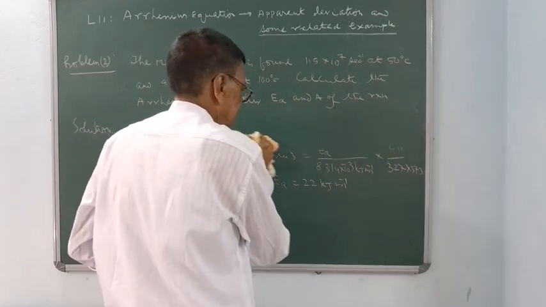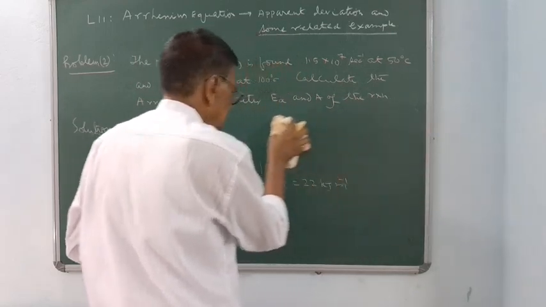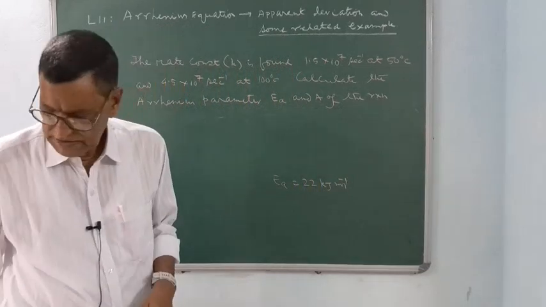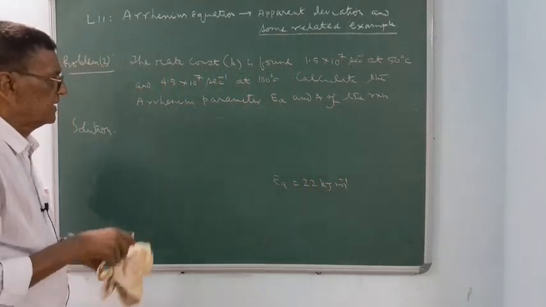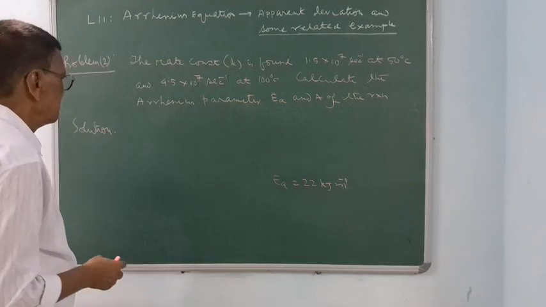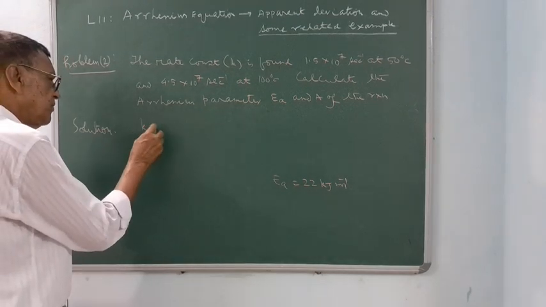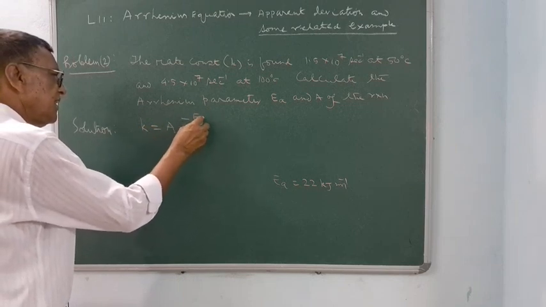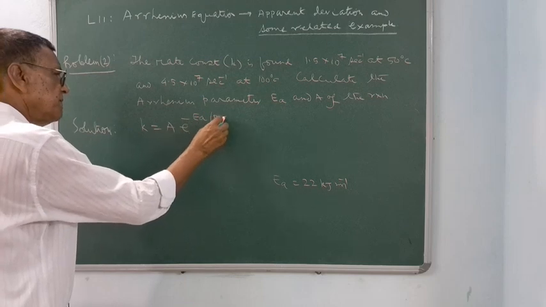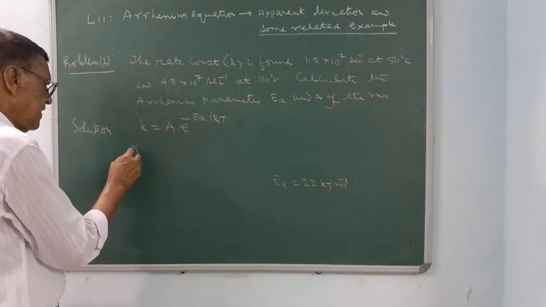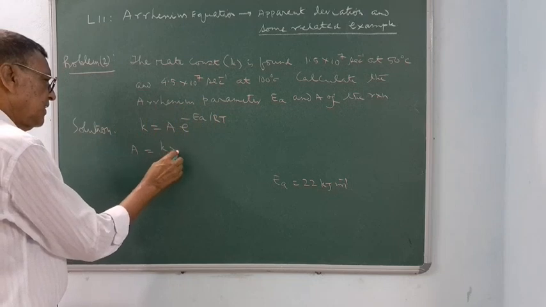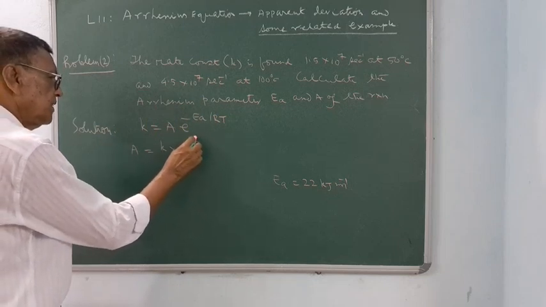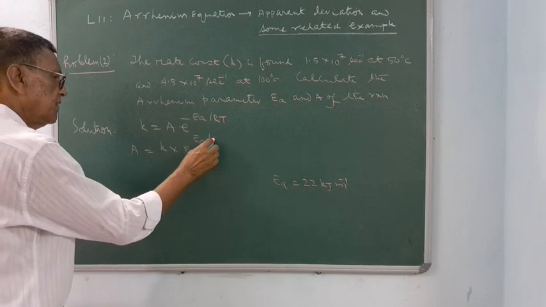For the calculation of the second parameter, let us use another Arrhenius relation: K equal to A into e to the power minus EA by RT, or A equal to K into e to the power EA by RT.